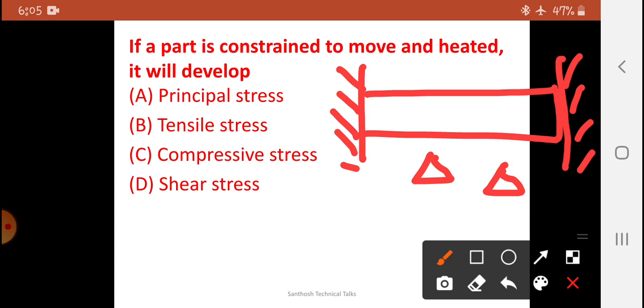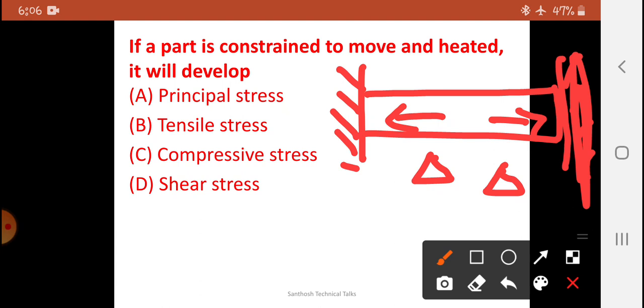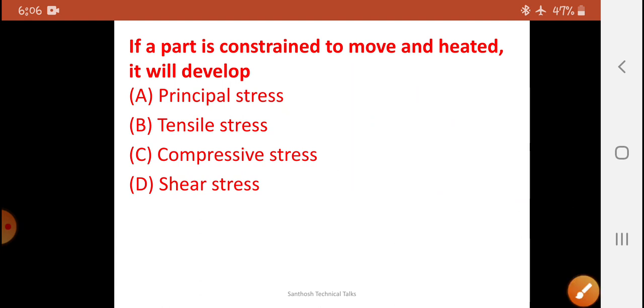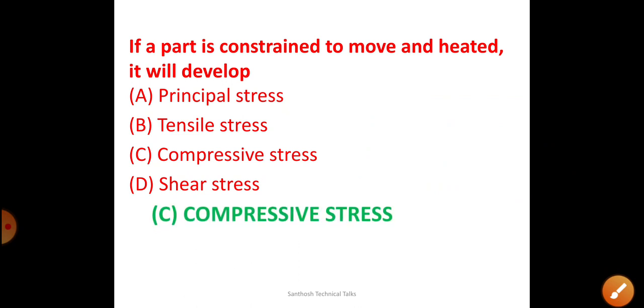If we cool the material, it will shrink. If both ends are constrained and we are heating, what will happen? The material tends to extend, but since this is a fixed support, it cannot elongate. So compressive stress is acting.